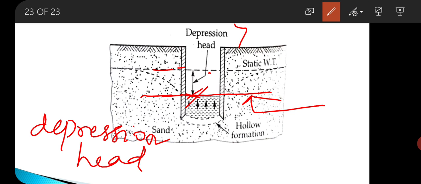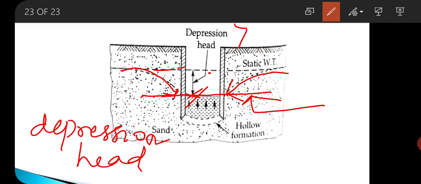Due to this head difference, the water from the outside area enters the well. You can see here water will flow from the outside in order to fill the gap created by the discharged water. As the water from the surrounding soil travels towards the well, there is a gradual loss of head and water surface drops towards the well.